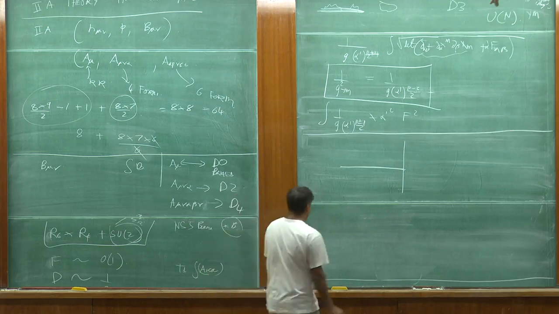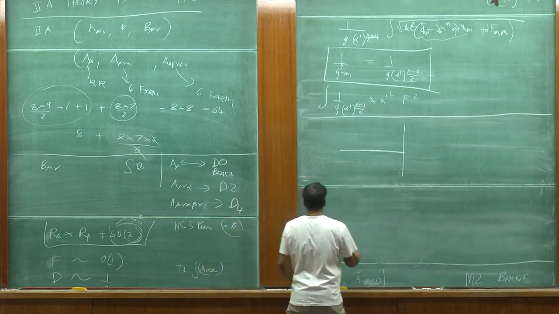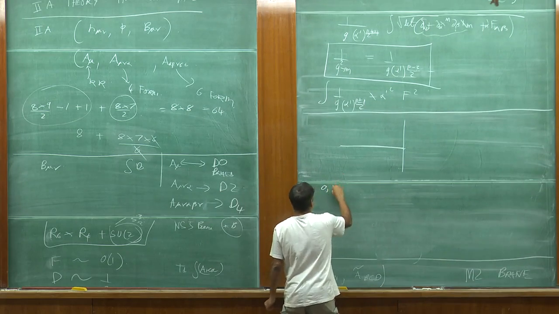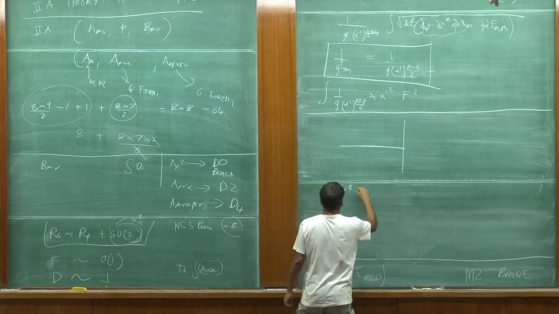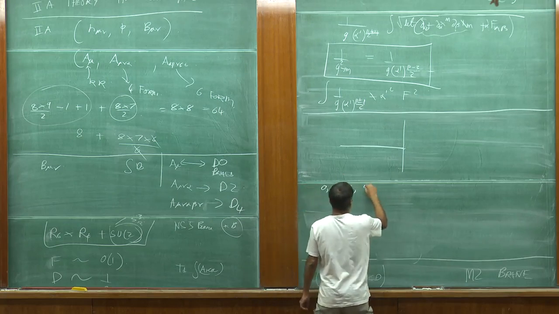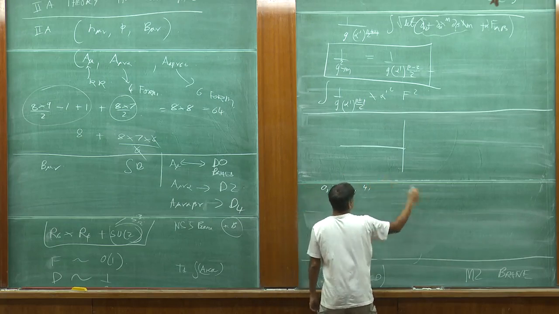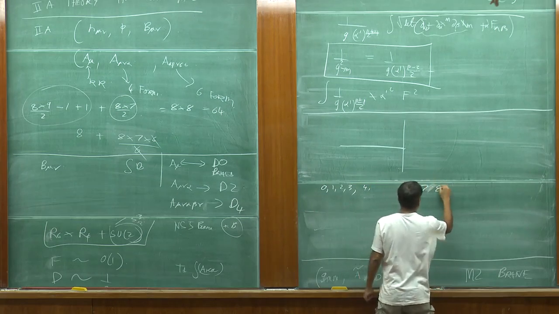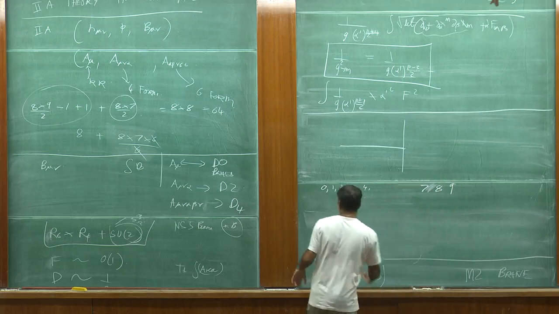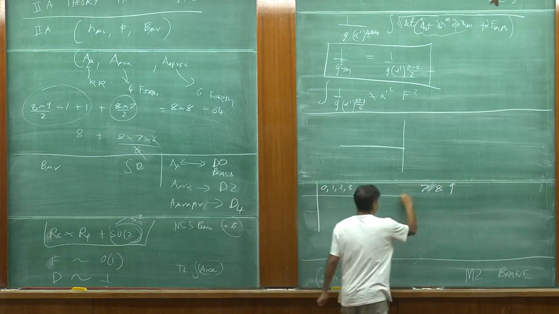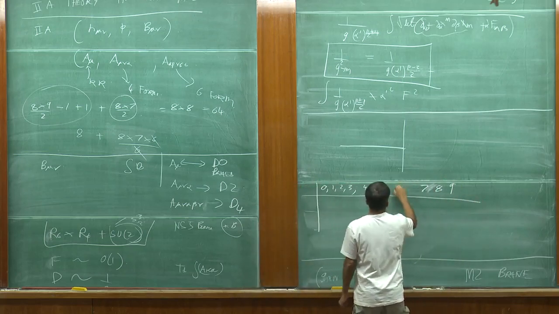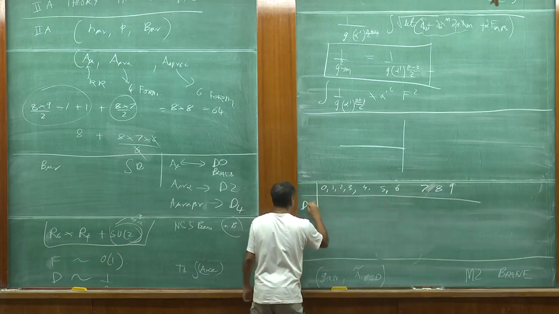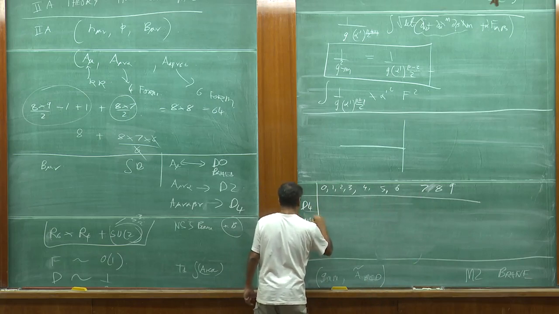Okay. So, consider the dimensions of space-time. Let's say space-time dimensions run 0, 1, 2, 3, then 4, then 5 and 6, and then 7, 8, 9. And the objects are D4 and NS5.